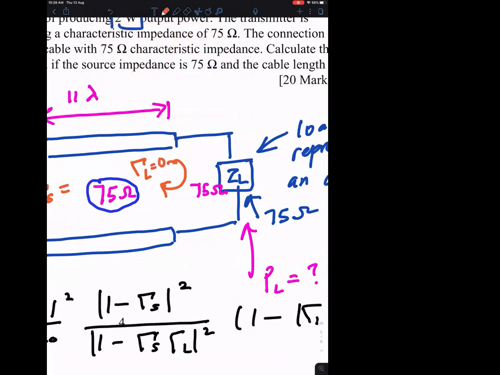So it's going to be 0 here because of the reflection coefficient formula, which you have to understand. The reflection coefficient at the load is ZL minus Z naught divided by ZL plus Z naught. If you missed the previous notes, please look at the video.